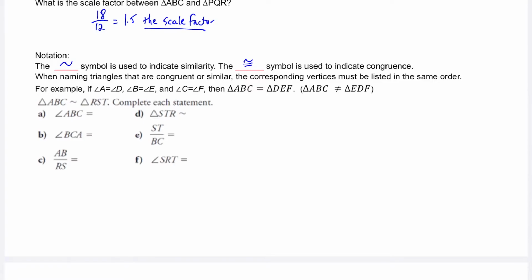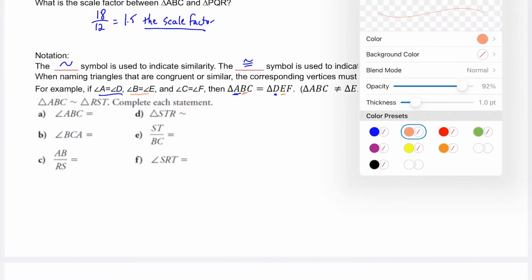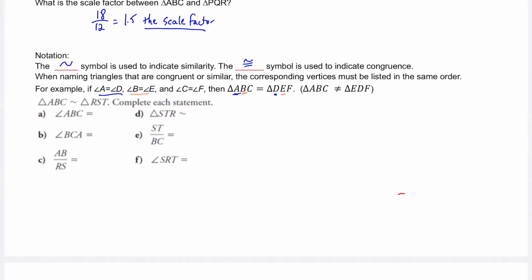For example, if angle A equals D, and angle B equals angle E, and angle C equals angle F, then we would write this in the exact same order. So A was similar to D right here. And B was similar to E, so we have to put those letters second. And C was equal to F, which is why we put those letters third.